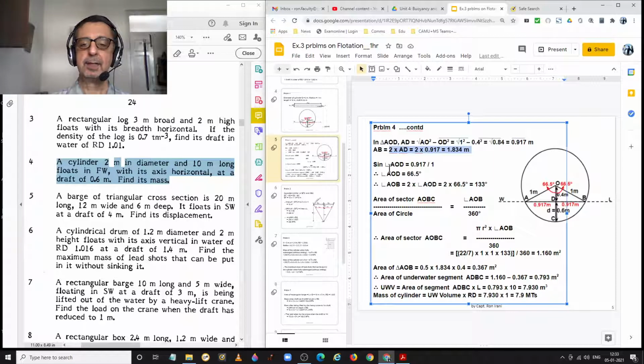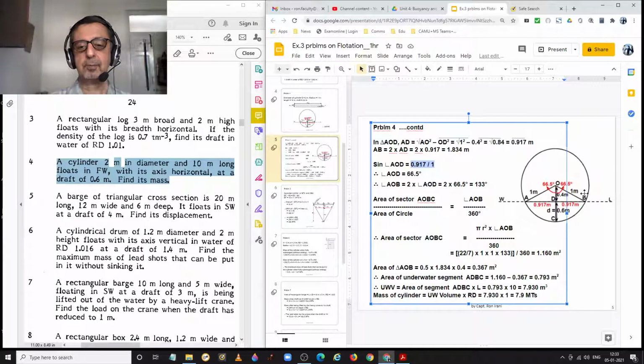Therefore, sine of angle AOD is equal to 0.917 divided by 1. When we calculate, the angle AOD is equal to 66.5 degrees. You double it and you have angle AOB equal to 66.5 multiplied by 2, equal to 133 degrees.